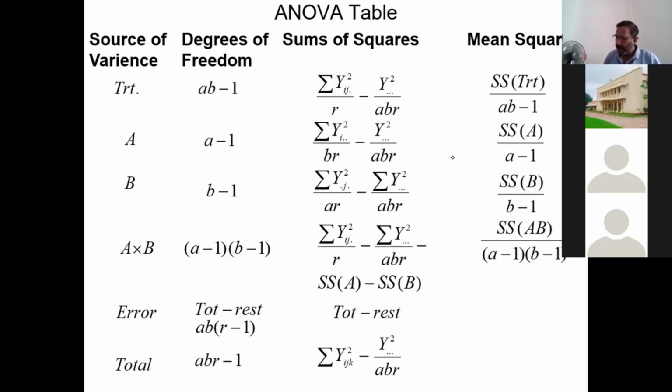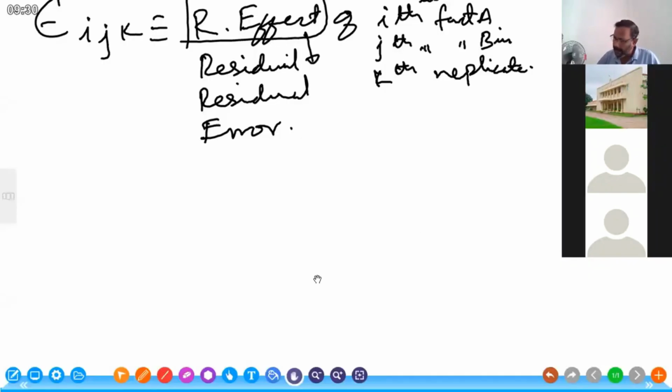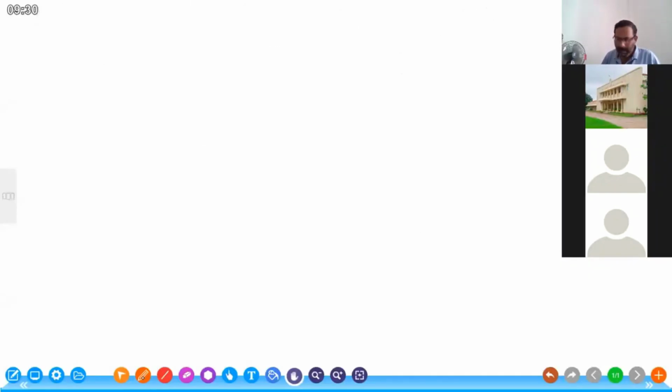This may not be related to agriculture, but we will do an agriculture-related example also later on. This is something to do with a computer.